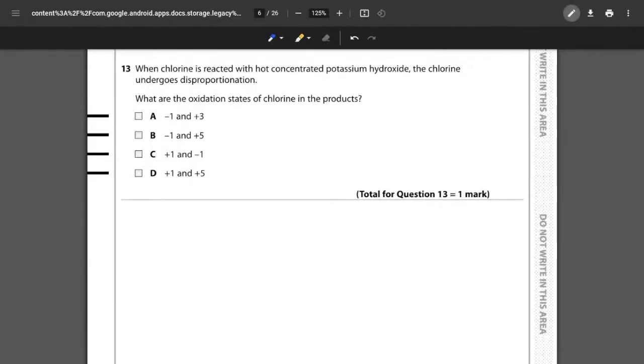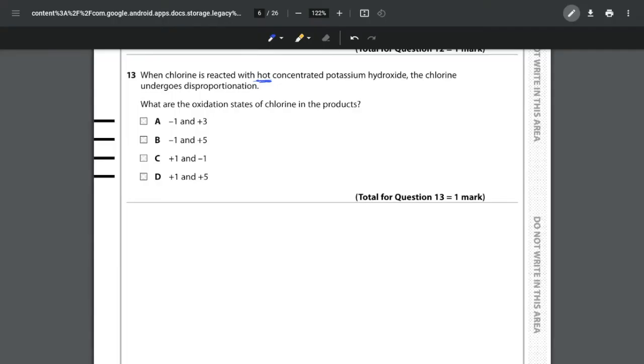Question 13 is looking at the disproportionation reaction of chlorine with the hot concentrated potassium hydroxide. That's very important that it's hot, because we do get different substances. These are equations that you are expected to know the difference between. So we're going to have our potassium hydroxide, which is of course aqueous, reacting with the chlorine, which is a gas.